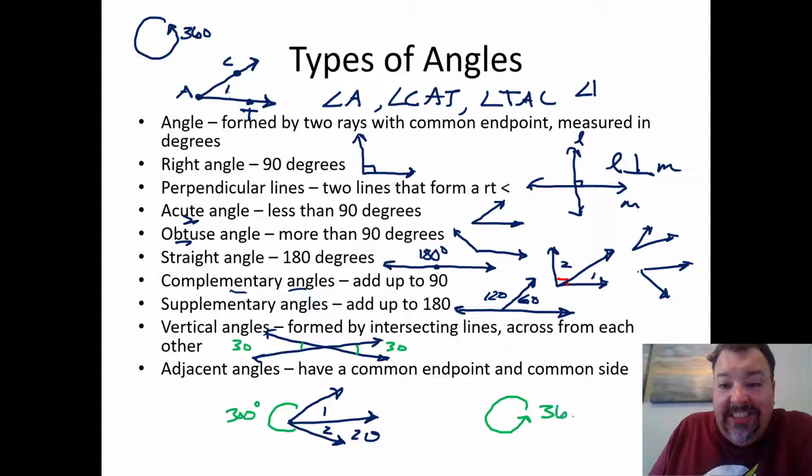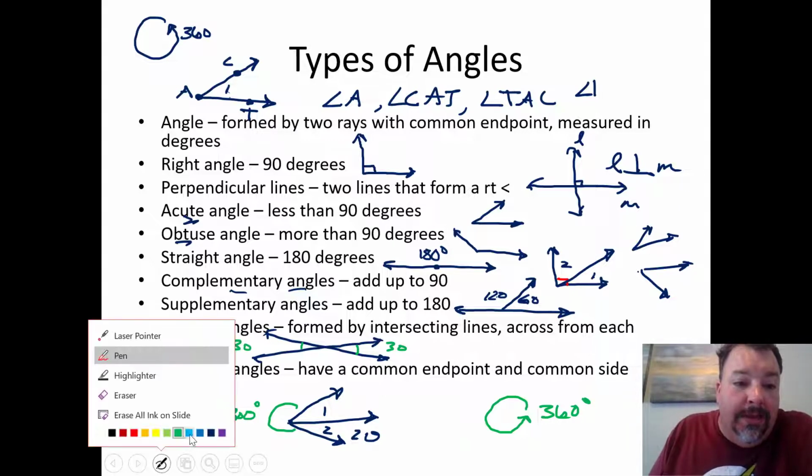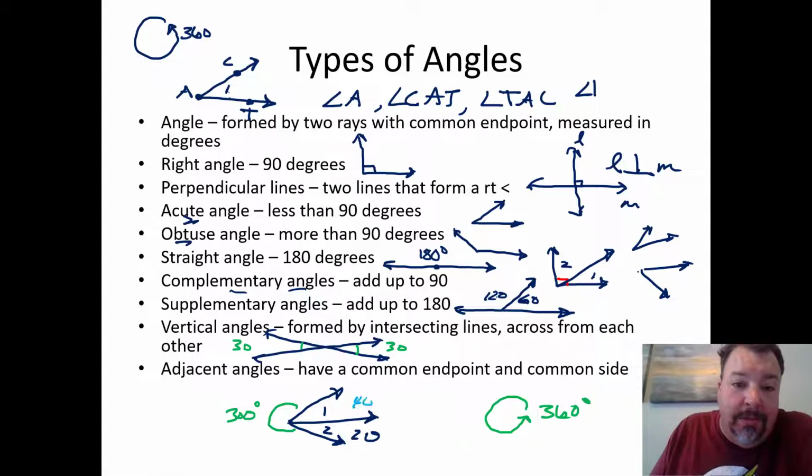That's right, it's 360 degrees. So if we take 360 minus 300 minus 20, what would be left? Well, the missing angle here would have to be 40 degrees. So now if we have the exterior angle, we'll be able to find the missing angle.